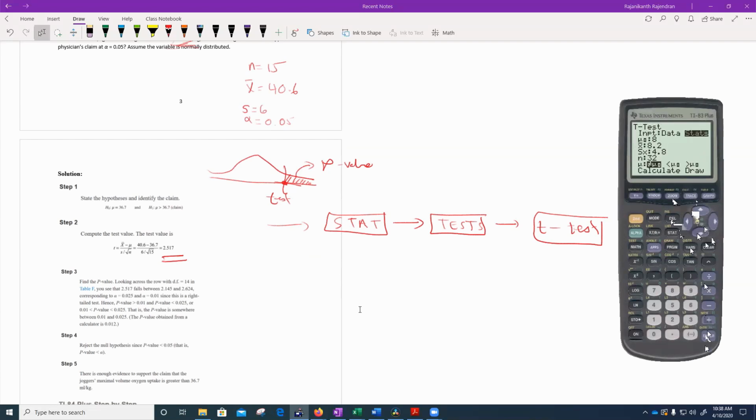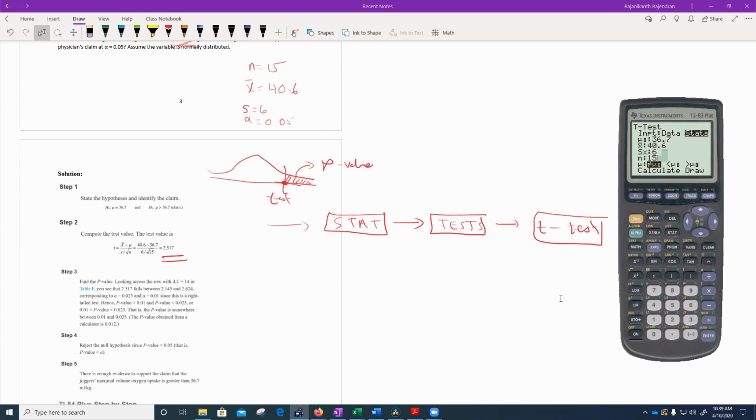So input stats, okay, mu naught, where's my mu naught? 36.7. Enter. What is my x bar? X bar was 40.6. And the sample standard deviation for this problem is 6, right? And the sample size is now 15.